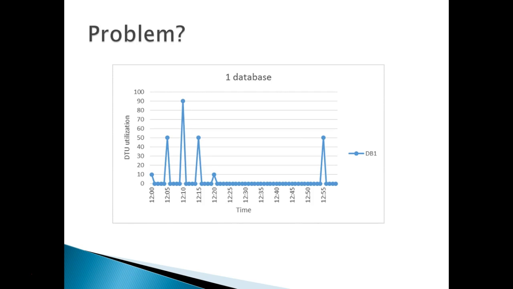In any organization you do not have a single database, you have multiple databases, right? So let's understand, if you have multiple databases and you are using single database services, then what is the problem? Let's say I have DB1 deployed on Azure, and I have given it 100 DTU service. Let's understand this chart.